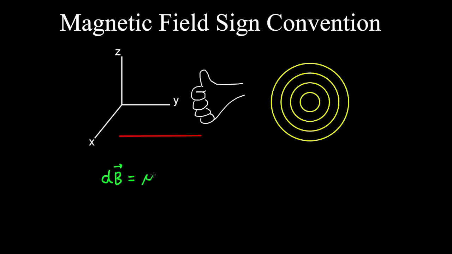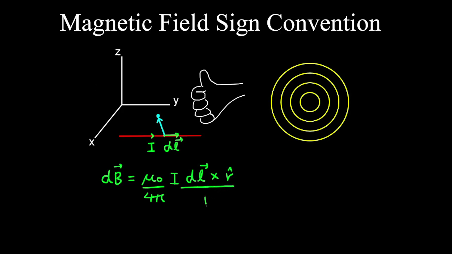So it depends on a magnetic permeability on 4 pi by the current in that wire by the differential length along the wire cross r hat, which is a unit vector of the radial vector to the point where we're determining the differential magnetic field due to the differential charge along this differential length.